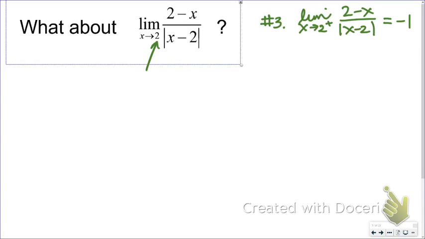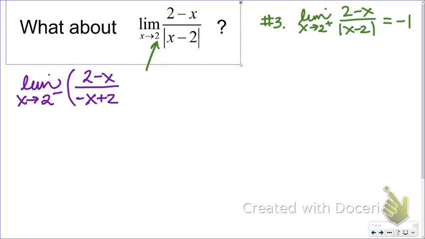Okay, so the limit as x approaches 2 from the left is, well, if we go back and use the piecewise function, I had written that piece was negative x plus 2, which is the exact same thing as 2 minus x. So that can be reduced to 1.